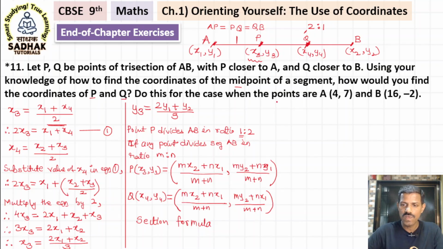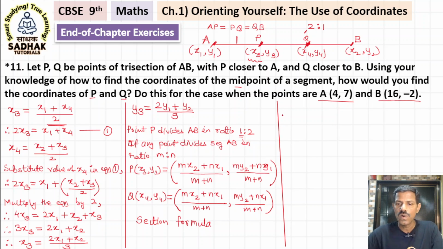Fine. I hope you have understood how we derive the formula. Now let us use the actual values given in this sum. The coordinates of A are given 4 and 7, and the coordinates of B are given 16 and minus 2.